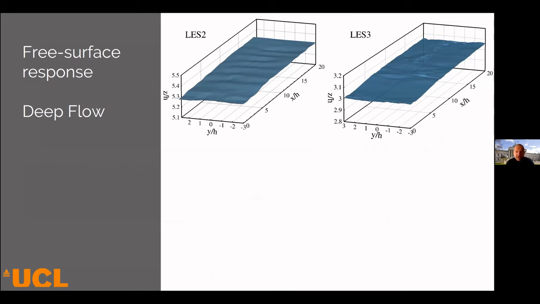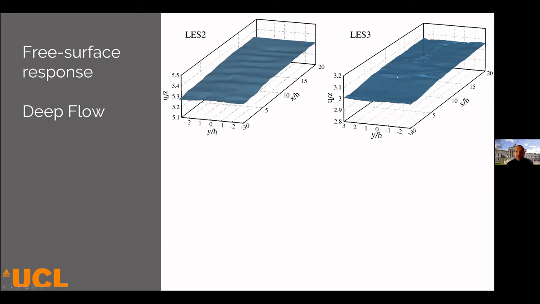this turbulence. In the deep case, which is the top left here, you can see a bit of waviness that also stems more from the inflow into the channel than from the turbulent structures themselves.